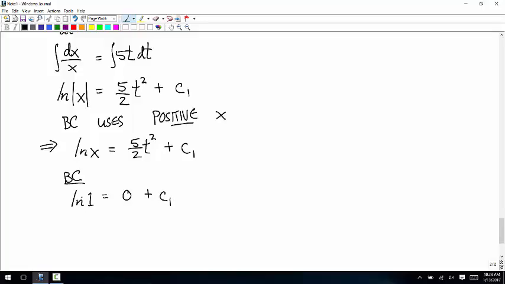Natural log of 1 is 0, so C1 is equal to 0. And so our equation says natural log of x is equal to 5/2 t squared.